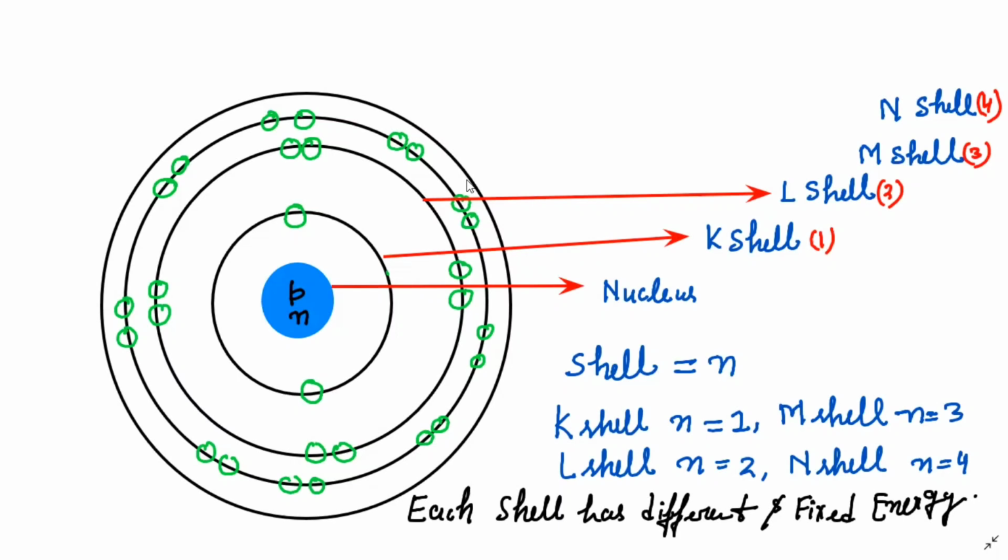As I said, the shell close to the nucleus has less energy and the shell far from the nucleus has more energy, so these shells are also called energy levels. Each shell has a different and fixed energy.